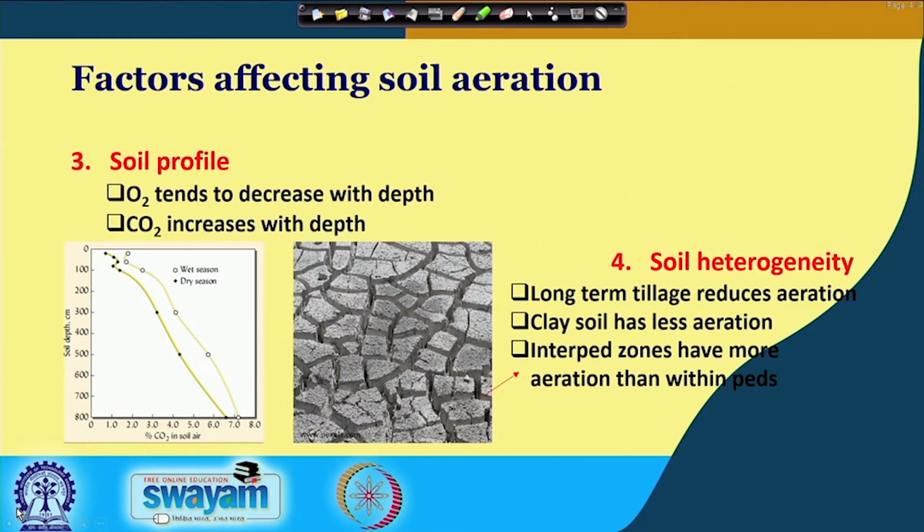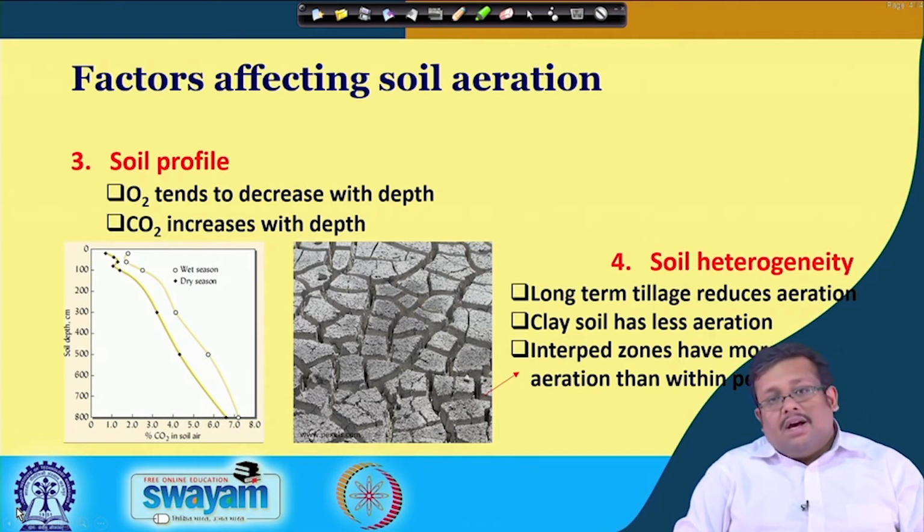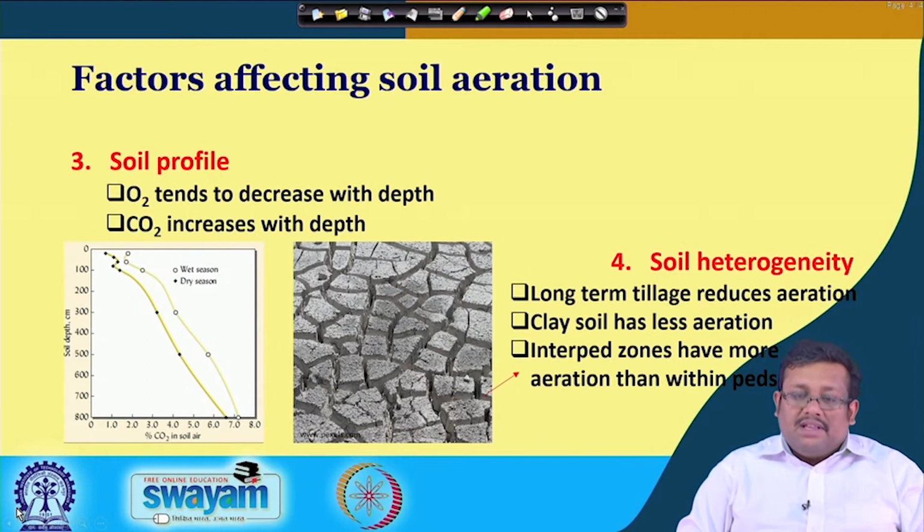We started discussing the factors which affect soil aeration, and I'll start from those factors today, and I'll try to finish this by this lecture, and then we'll go ahead and start soil temperature, which is another important soil physical parameter.